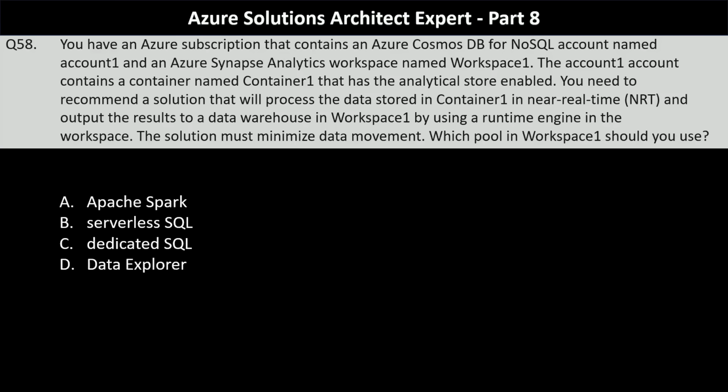Next question, friends. You have an Azure subscription that contains an Azure Cosmos DB for NoSQL account named Account 1 and an Azure Synapse Analytics workspace named Workspace 1. The Account 1 account contains a container named Container 1 that has the analytical store enabled.